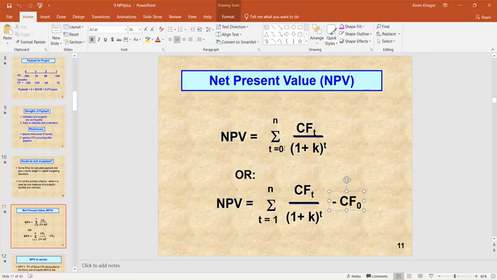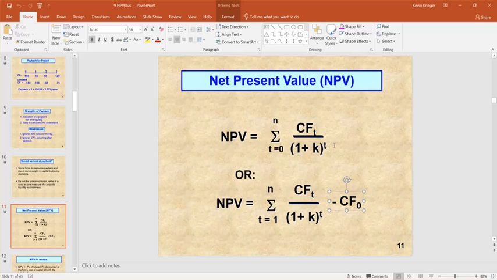But keep in mind, when you're dividing by 1 plus k, where k is, say, 10% for this example, the 0.10, the t is the time period. So t equals 0 means this entire exponent is just 1, which means the entire denominator is just 1, because anything raised to the 0 power is just 1.